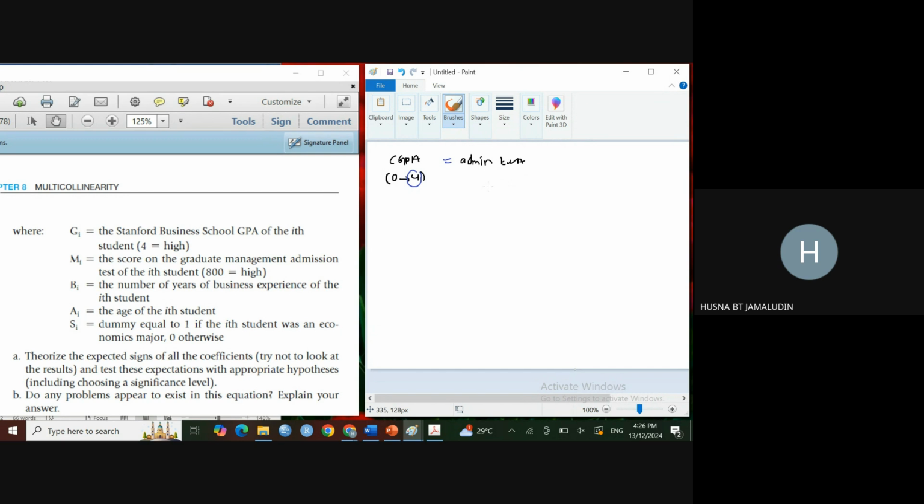I mean, do you expect positive? Meaning that when your admission test score is high, your CGPA will also be positively affected. Is that what you hypothesize? The answer is not just yes. Why? Because normally there is a reason why they put it as your admission test. For example, for our English, the medium of communication is English. If you couldn't pass the English test, you will have trouble understanding all the courses, all the subjects, right?